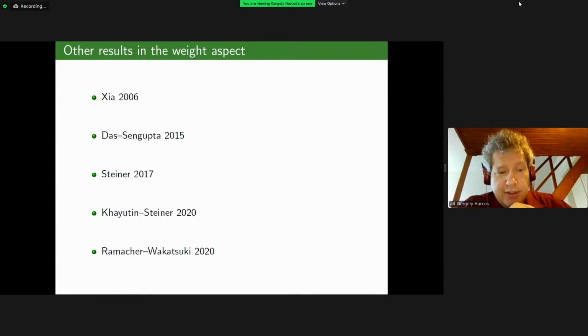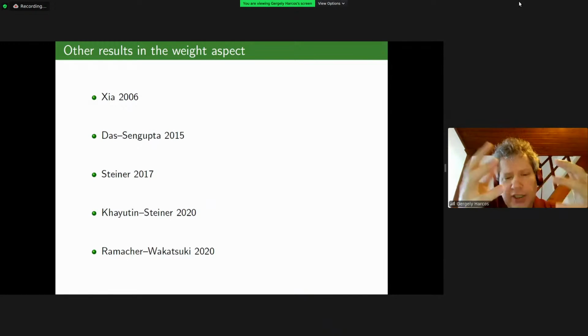Steiner in 2017 considered half-integral weight cusp forms, and then Kiral, Kumar and Steiner could prove the analog of Xia's result, and much more with a fresh new method in 2020. And the only result that's directly comparable with ours is Ramacher-Wakatsuki's very general theorem from 2020. It works for all kinds of semi-simple algebraic groups.